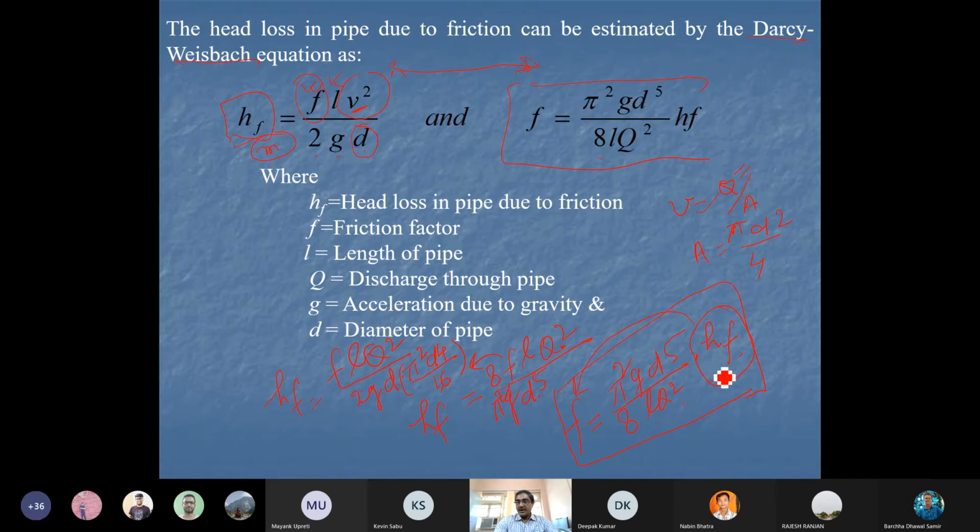We measure head loss using a U-tube manometer. The diameter of the pipe is known, we know the value of g, and we can find the flow length, meaning the size of the pipe. Discharge we measure using the collecting tank and stilling basin arrangement. So our target is to find a suitable pipe diameter where head loss is least, if we know the friction factor.